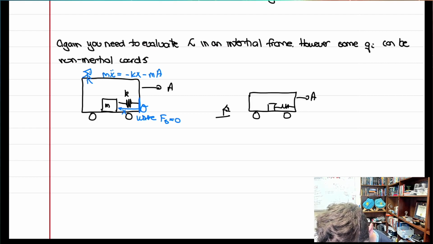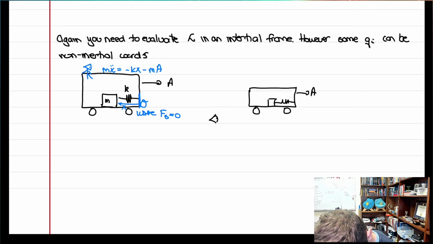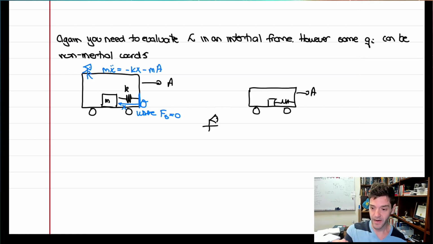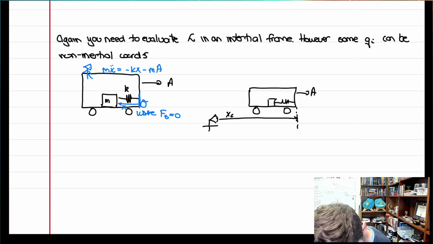So the way you might do that is, if you have your inertial viewer here, they might identify the location of the box, not just by drawing a vector going from them to the box, but they might first identify the location of the box as first going to the front of the car, so that's maybe x sub car, and then from there going backwards to the location of the box.